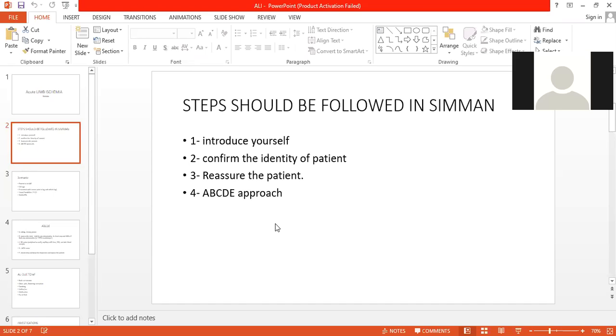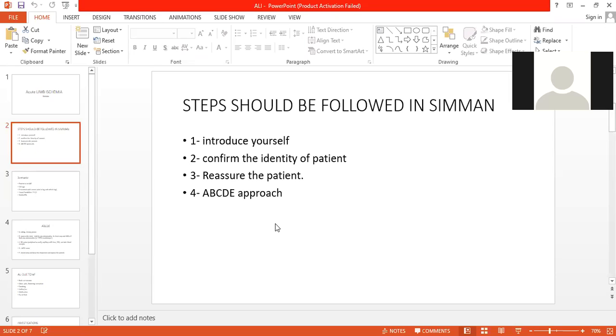The patient will say, "Doctor," and either he will be complaining of pain, or, since it's acute limb ischemia, definitely he will be complaining of pain in his leg. You should be asking which leg, and do the scores, all those things. But before that, you need to confirm the identity of the patient as well, even if he is screaming.